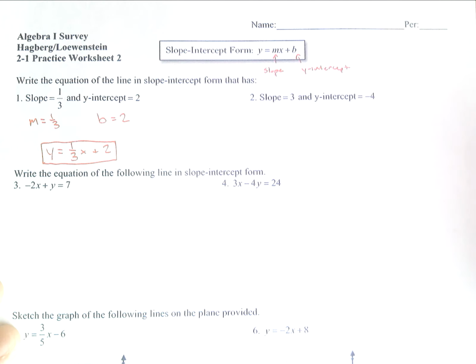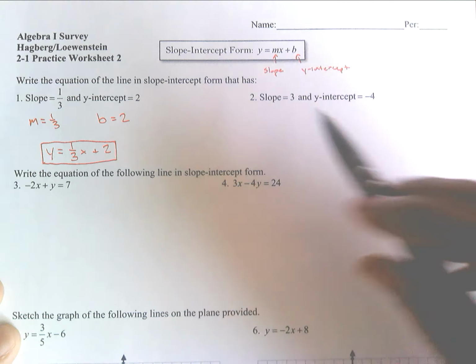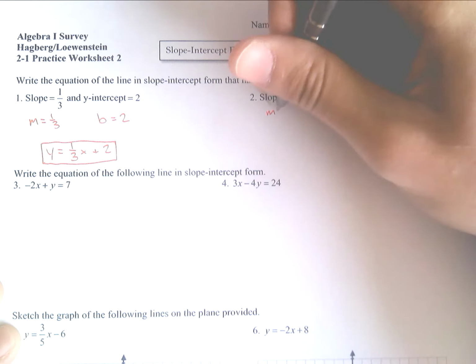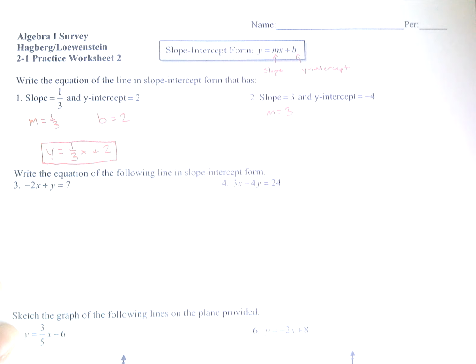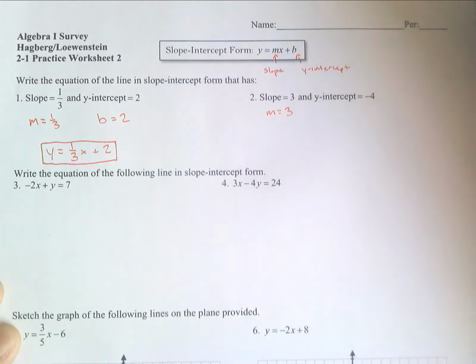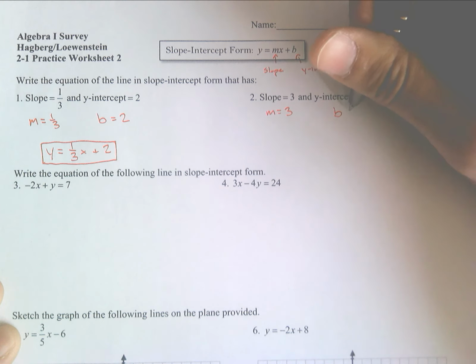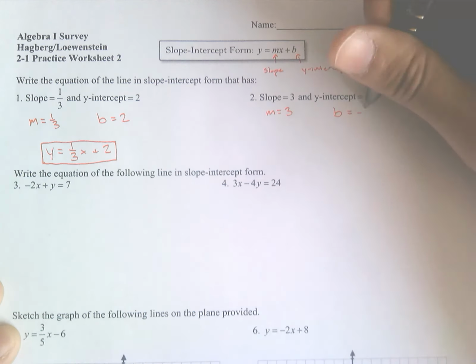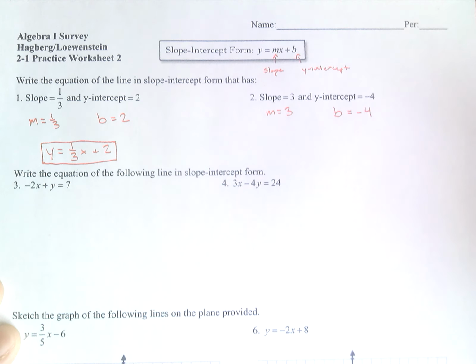Number 2, we have a slope of 3 and a y-intercept of -4. Again, we have our slope and our y-intercept. So our slope is m. So in this case, m equals 3. And our y-intercept, -4, that's going to be b in slope-intercept form. So we have both m and b, so we can plug that into y equals mx plus b.